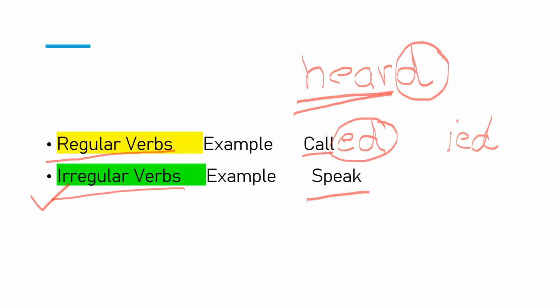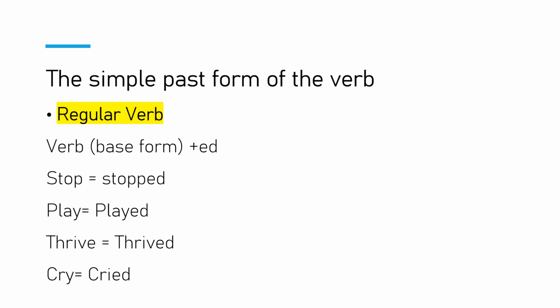We do not add ed or d in this case. The simple past form is spoke. And there is no rule to it. Here are some examples in which we can see how the simple past form of the verb is formed.